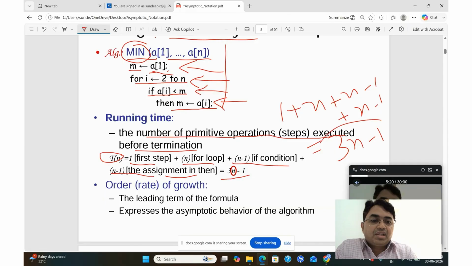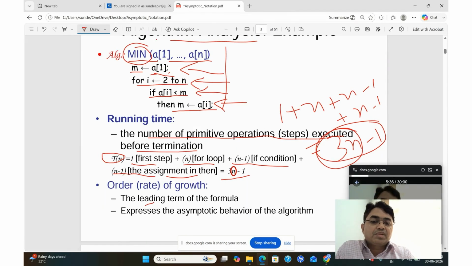This 3n minus 1 will decide the order or the rate of growth of the algorithm. The order of the rate of growth will be 3n. In this case we are taking the leading term of the formula.